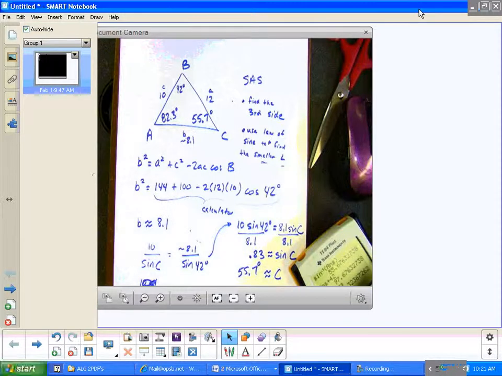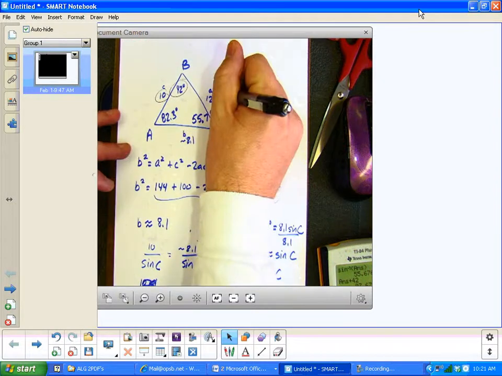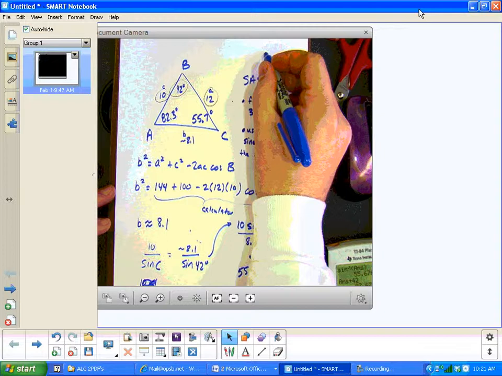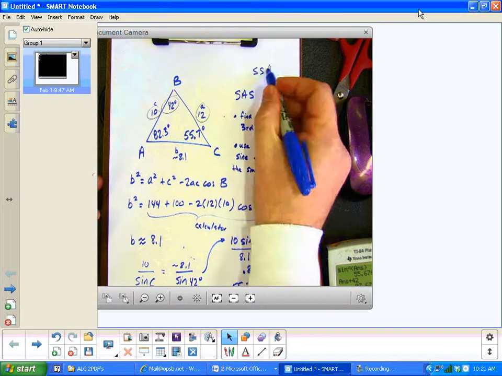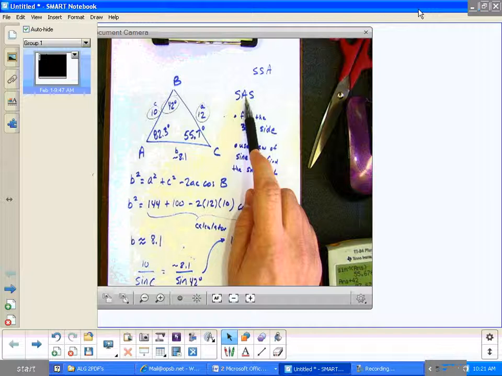Now, all right, that's side angle side. And let's point this out. We were given this, right? I meant to say this in the beginning. How am I going to tell the difference between side angle side and side side angle? The angle here is in between.